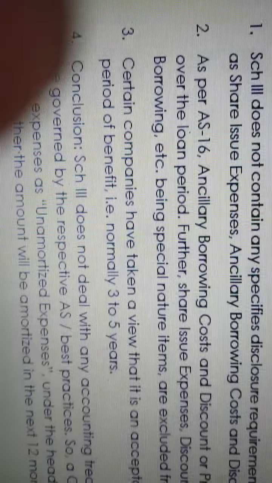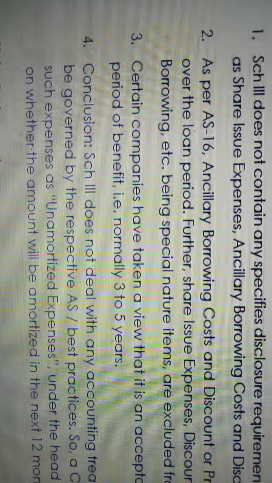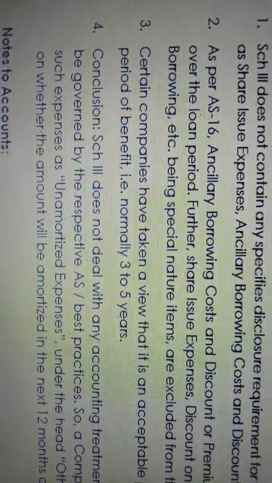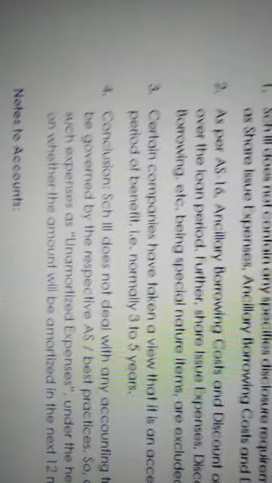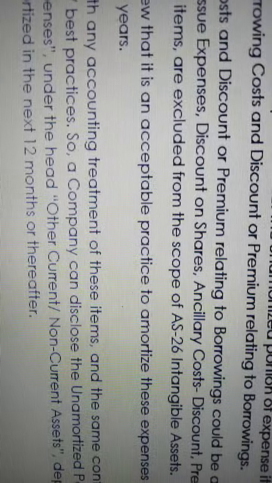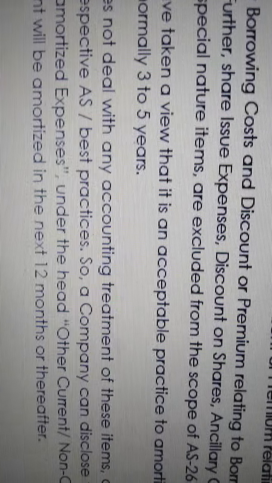Point number 3 you refer. Certain companies have taken a view that it is an acceptable practice to amortize this expense over the period of benefit, normally 3 to 5 years. So it is presented under other current assets or non-current assets, and it is amortized over the period. That is what is said. Conclusion: Schedule 3 does not deal with any accounting treatment of this item, and the same continues to be governed by respective AS best practices.